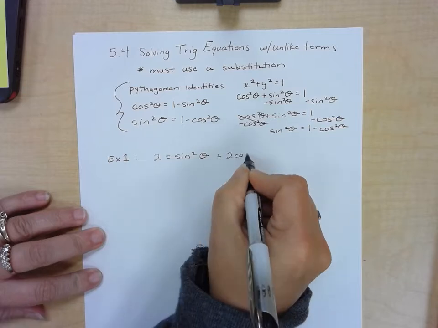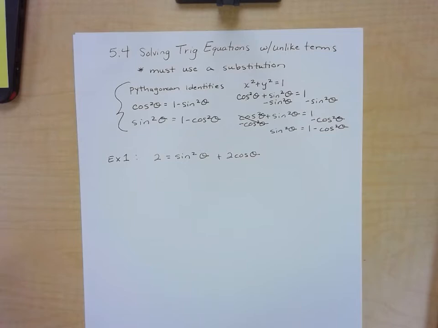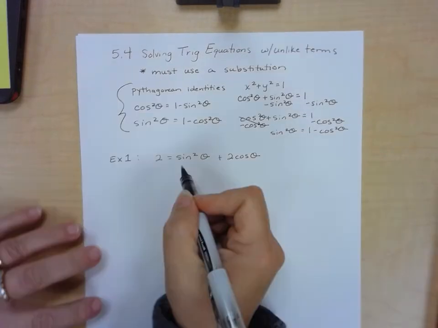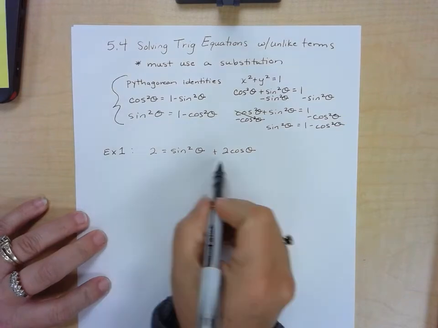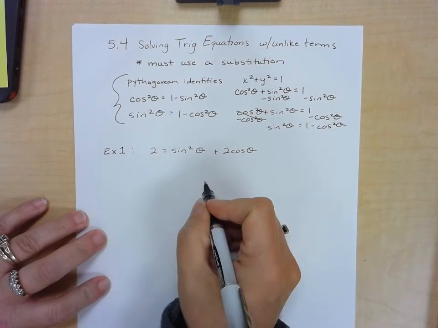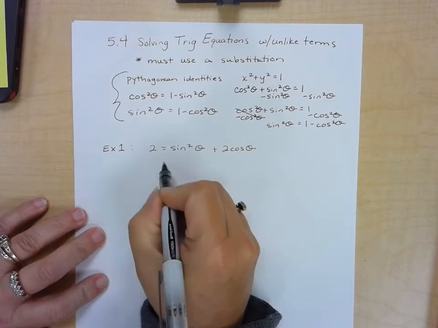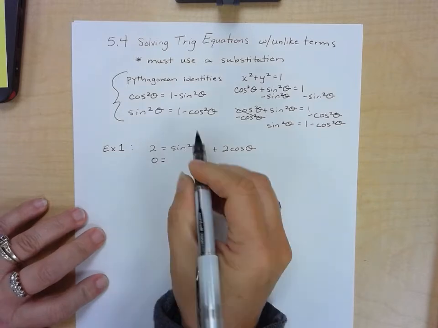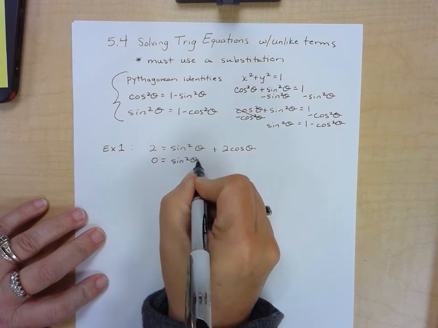As has been mentioned in previous lessons in this unit, you've got to set the equation equal to 0 before you can really go about solving it. So for this one to be set equal to 0, it's 0 equals sine squared theta plus 2 cosine theta minus 2.